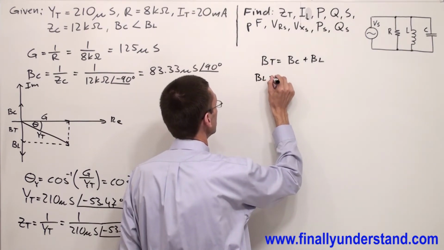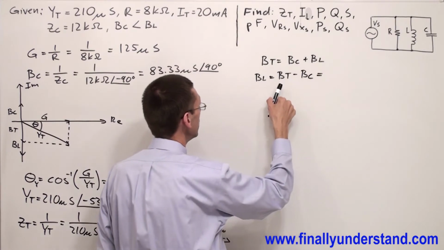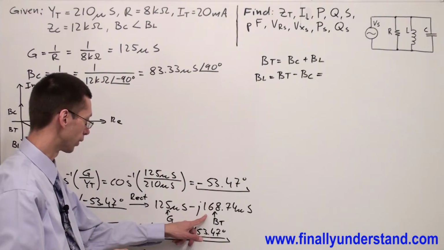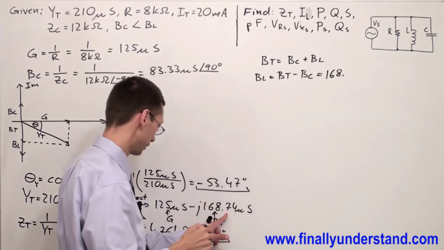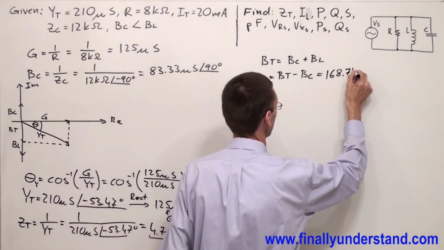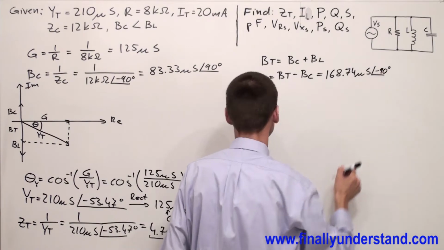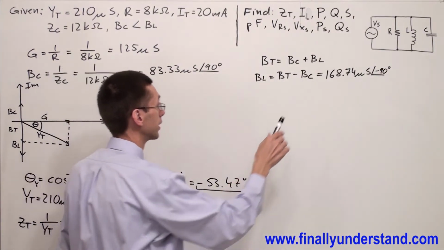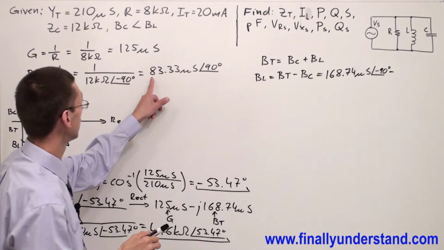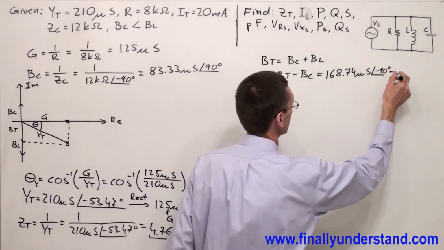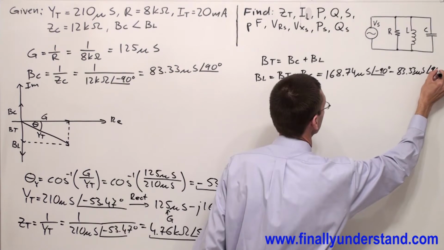So BL is equal to BT minus BC, where B total we've found is equal to 168.74 microsiemens, an angle of negative 90 degrees, because negative j is my negative 90 degrees, minus BC, which is equal to 83.33 microsiemens, an angle of 90 degrees.